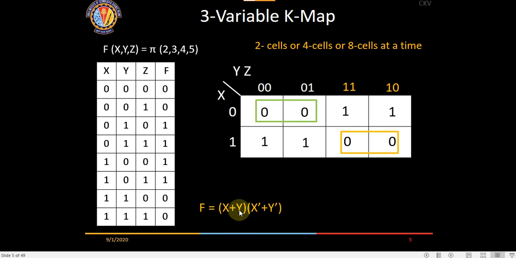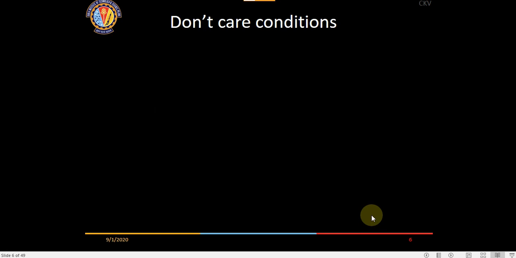Unlike 0 meaning x, 1 means x bar, so in this other case x is 1 and what is remaining stable is y, so y bar. This is how we do the other one.